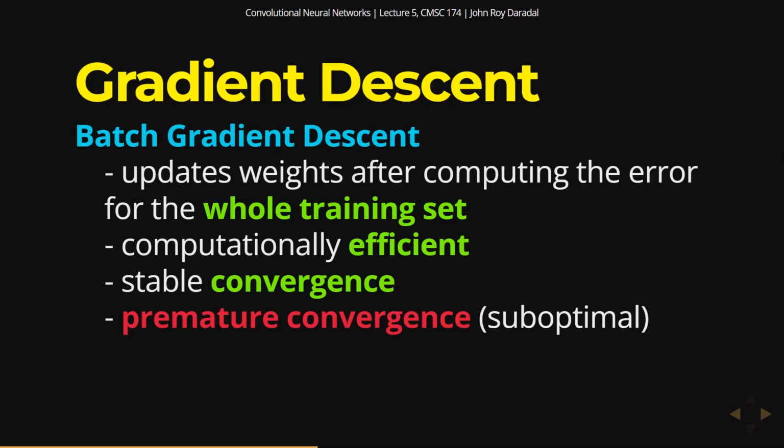Meaning it converges to a local optimum, which is suboptimal. So it could stop at a point wherein the model is not yet optimal. You can still do better, but since you're doing the update of the weights too long, it has already stopped learning, basically.